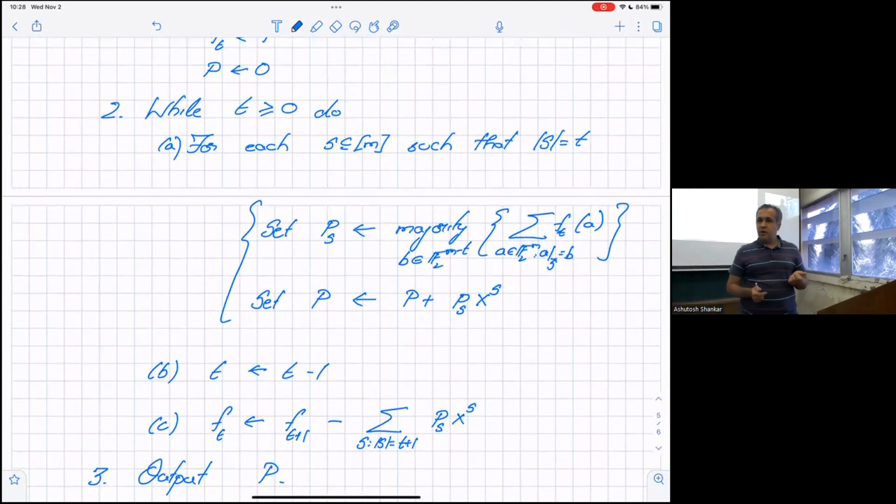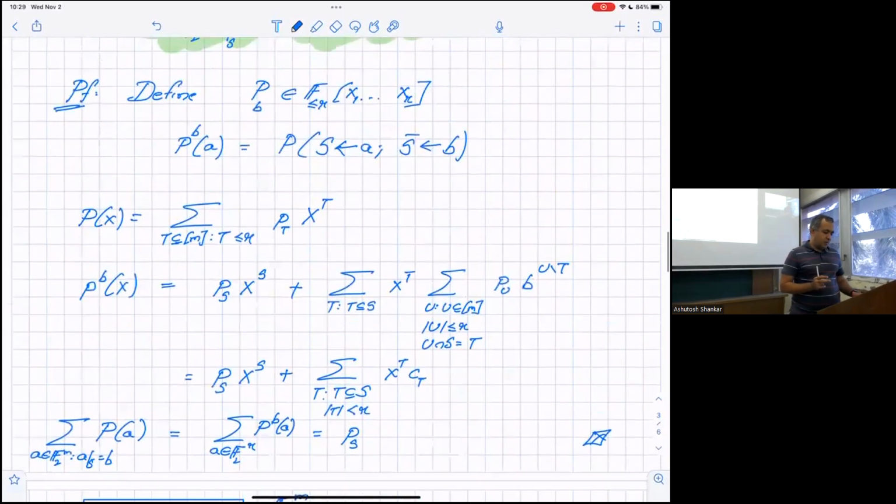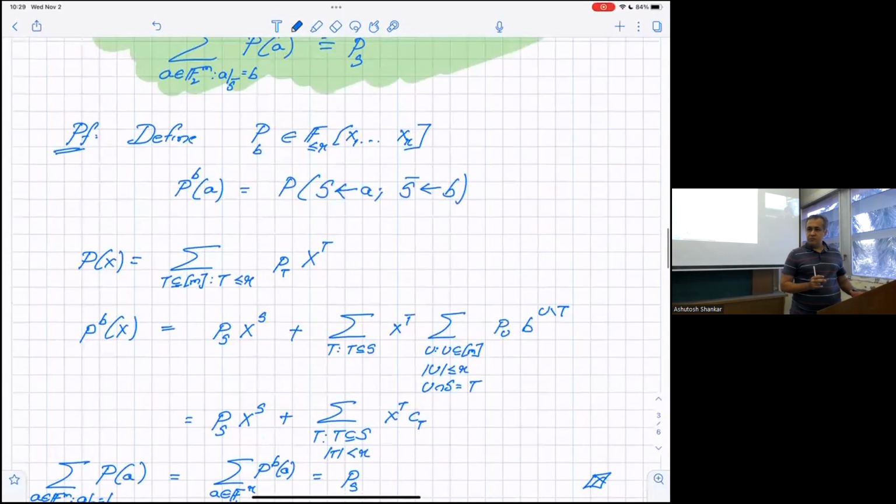The next algorithm. By the way, this works very nicely only for Q being 2. It doesn't extend very nicely to larger fields, because we don't have such a clean identity in the larger fields.